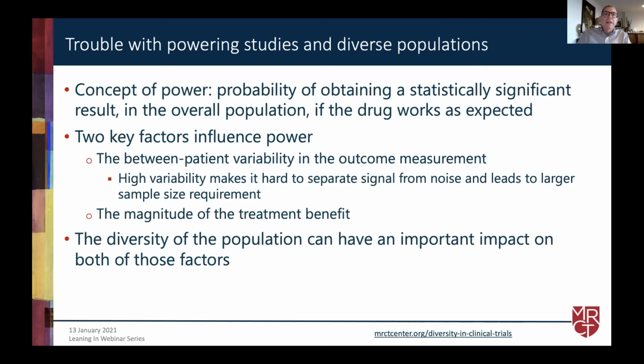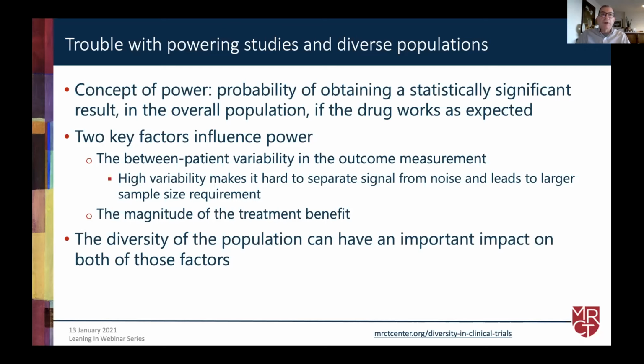Okay, so what's the problem with powering studies in diverse populations? Well, first of all, just a brief introduction to the concept of power. So power is the probability of obtaining a statistically significant result, generally designed for an overall population, if the drug works as expected. Now, there are two key factors that influence power. One of them is the between patient variability in the outcome measurement.